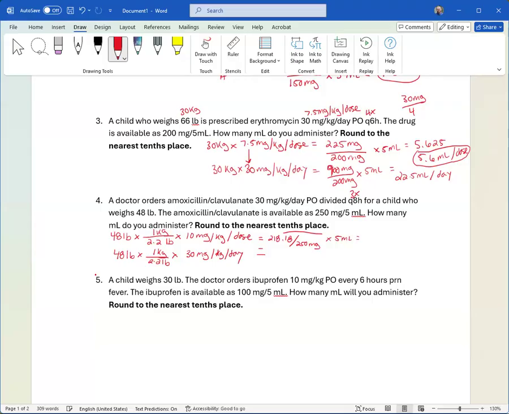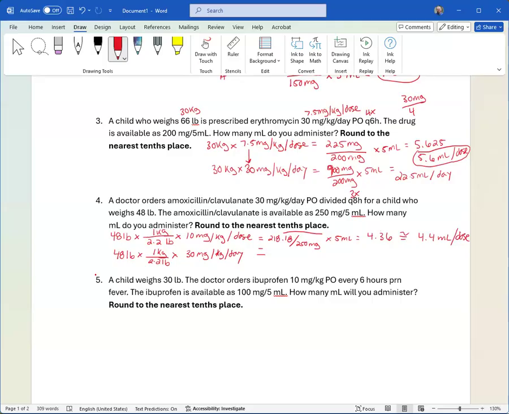So I'm going to leave what I have in the calculator, the 218.1818 repeating, multiply by 5, divide by 250, and I'm going to get 4.36 repeating. Since it just keeps going on and on, I'm going to round that to 4.4 milliliters, and that's per dose.